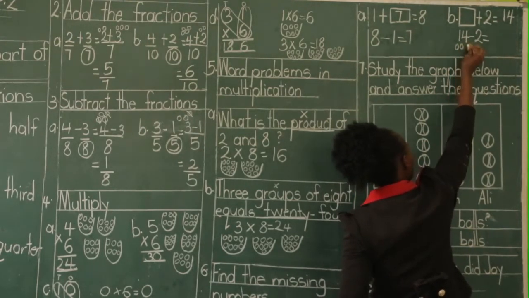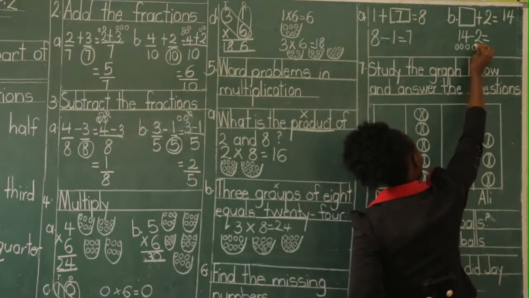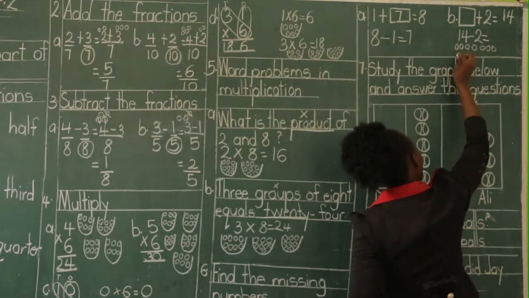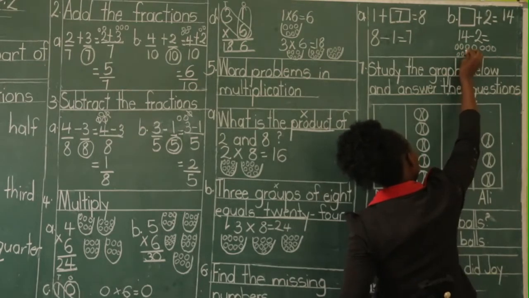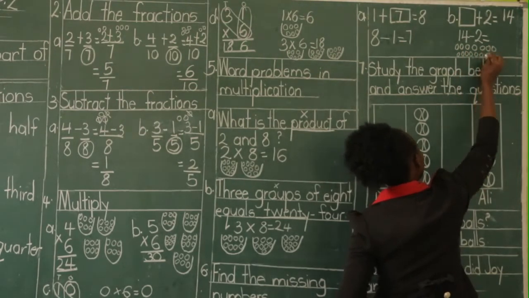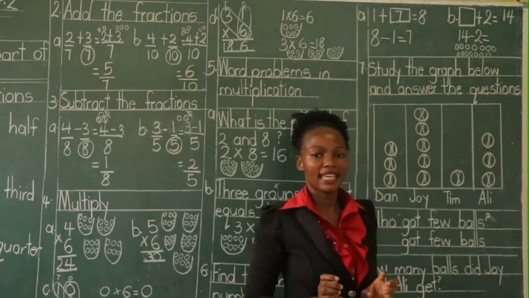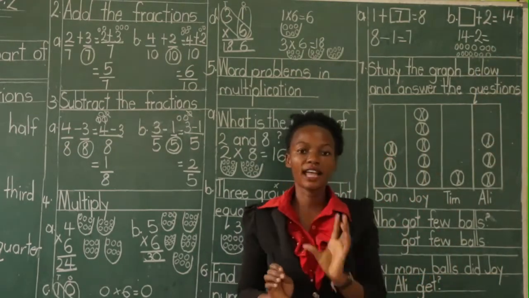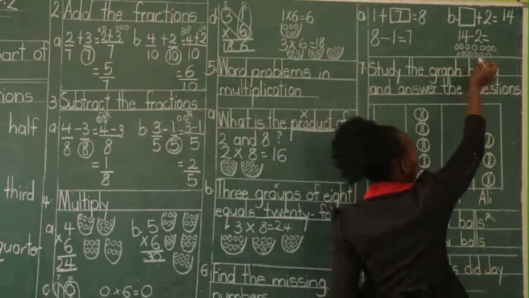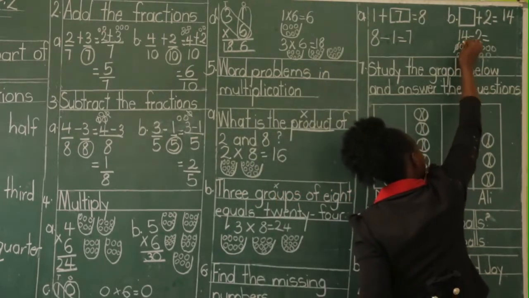1, 2, 3, 4, 5, 6, 7, 8, 9, 10, 11, 12, 13, 14. After drawing the 14, we are going to cross out 2 and see how many we are going to remain with. Cross out 2, 1, 2.